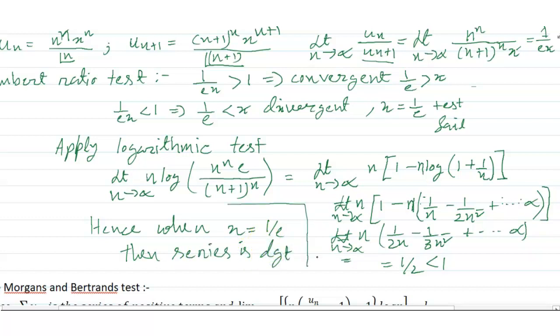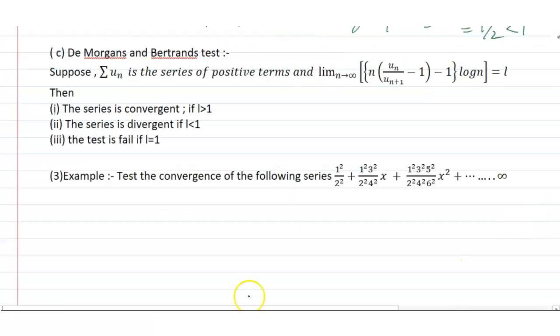Next is the De Morgan and Bertrand test.